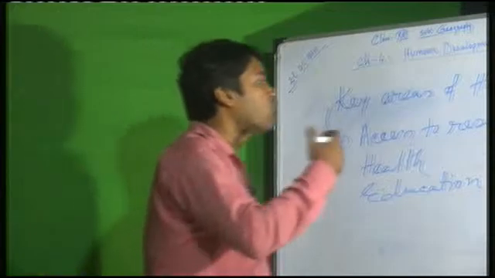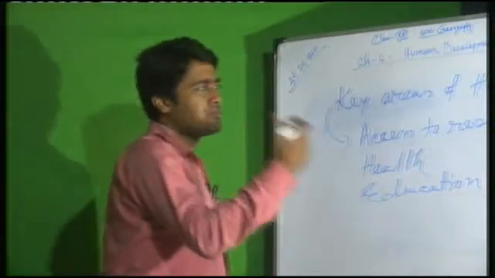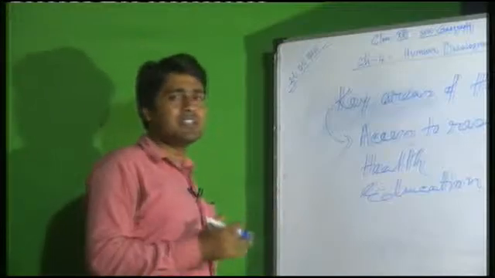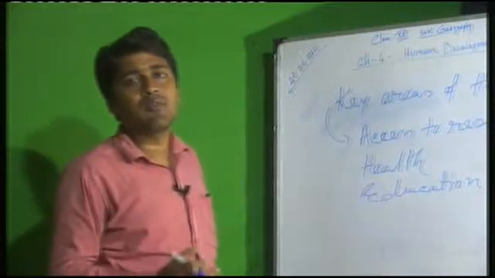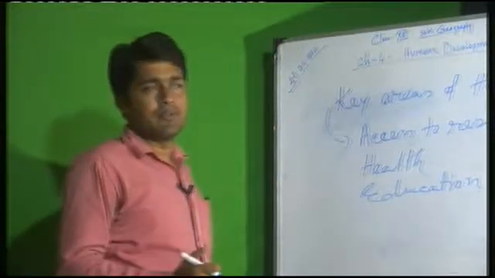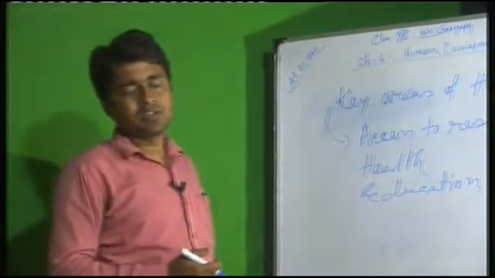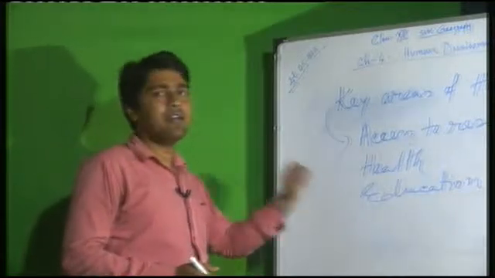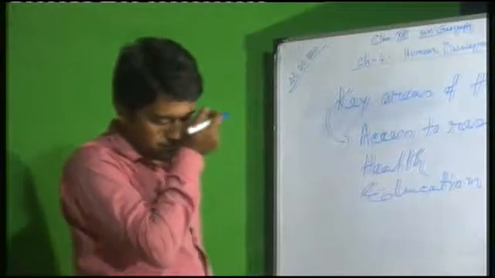That's why poor people do not get a sufficient amount of health facilities, because of lack of resources. So poor people face this type of barrier, lack of education and lack of resources. Obviously you can understand that these 3 criteria help human development.